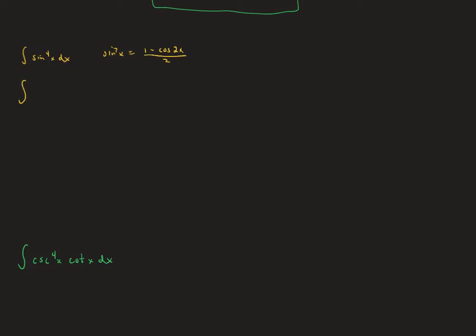So our integral will become 1 minus cosine of 2x over 2 squared. When we square that 2 in the denominator, that's a 1/4. We can just pull that out. We'll get the first one squared, twice the product, plus the second one squared.